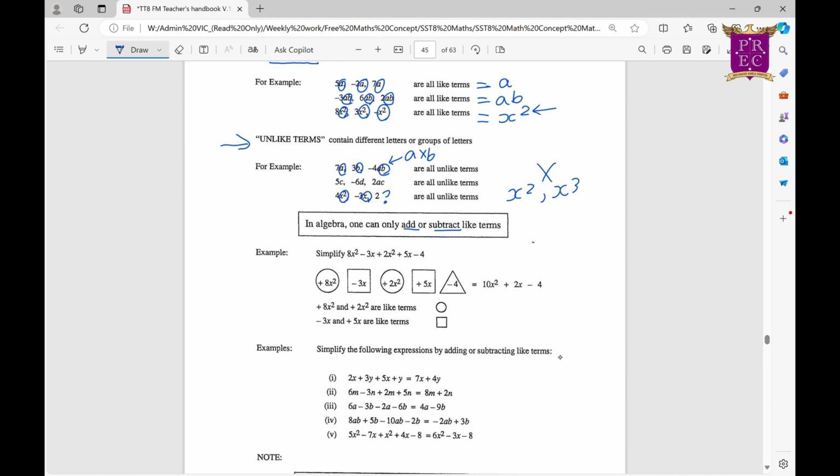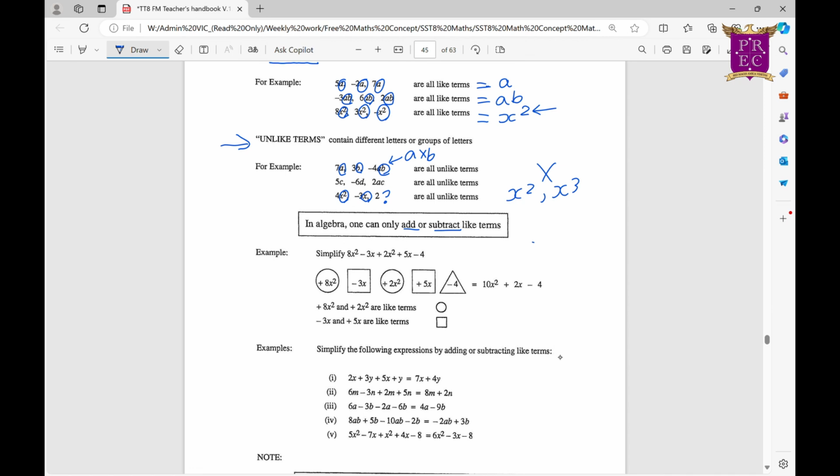When it says simplify and gives you an equation that involves pronumerals and numbers, it's basically asking you to group together all the like terms and do how you would do regular addition or subtraction, just keeping in mind that it's only with the like terms.